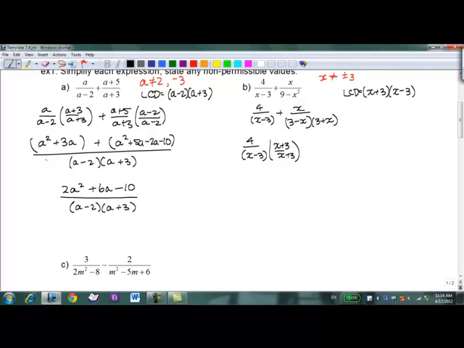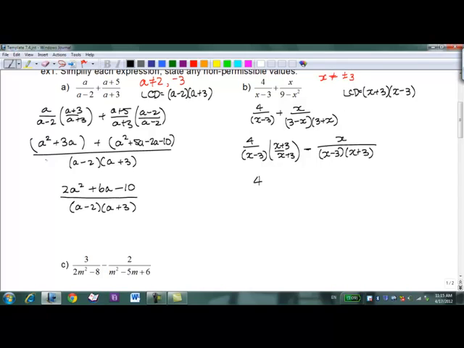And what I'm going to do is factor out a negative sign from that 3 minus x to make it x minus 3. Let me just rewrite 3 plus x as x plus 3. And the top will be x. So really what I've done is I've changed the adding between them to a subtraction by changing that 3 minus x into x minus 3.